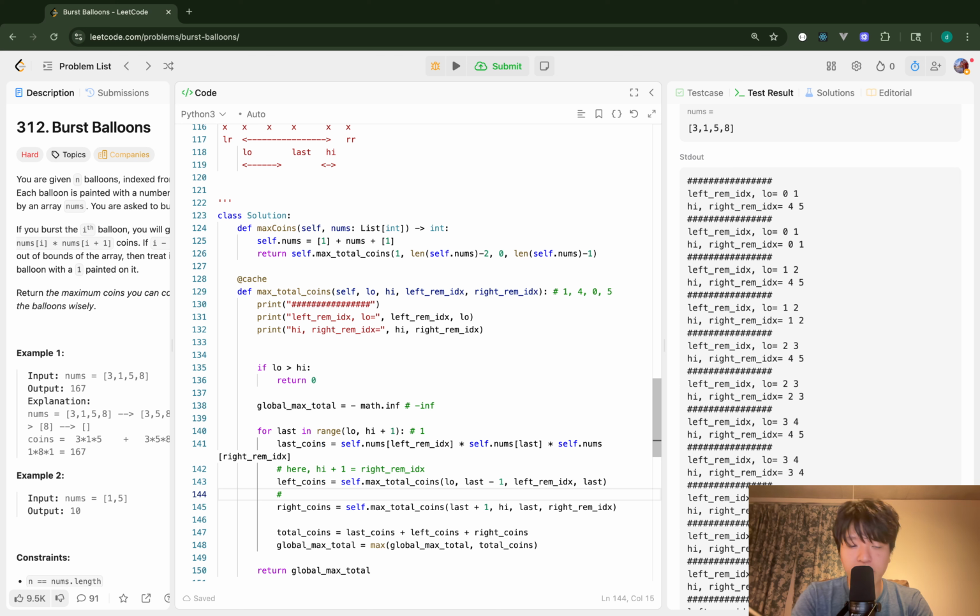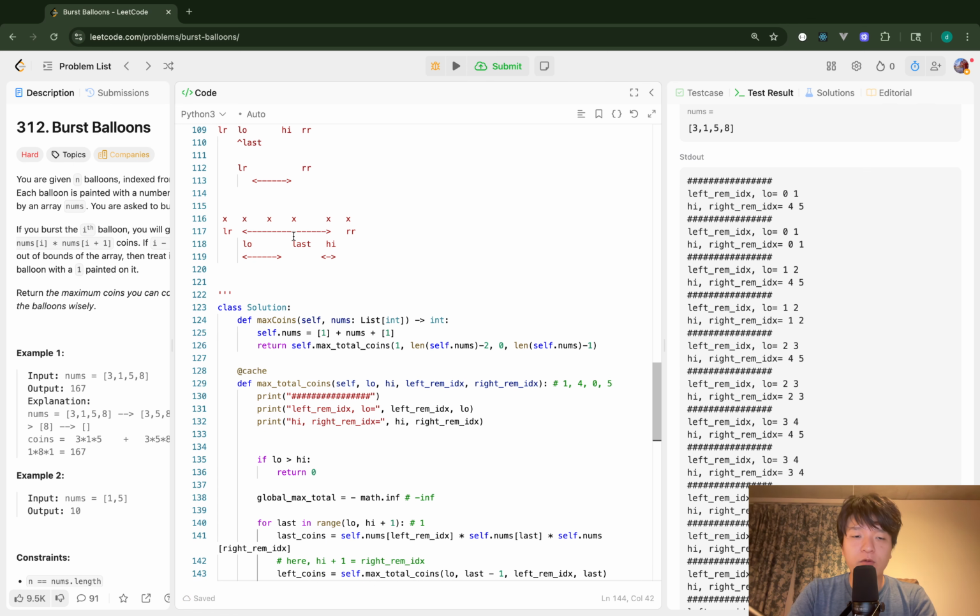And here, right coins. So when I take a look at this first argument and third argument, I can say left remaining index plus 1 is low.